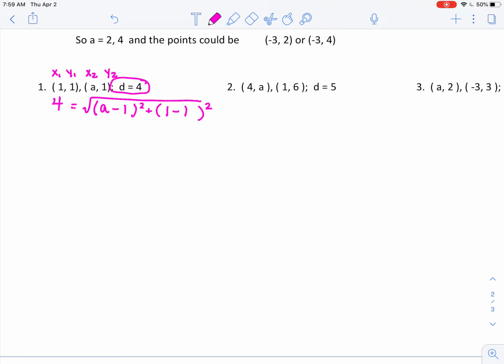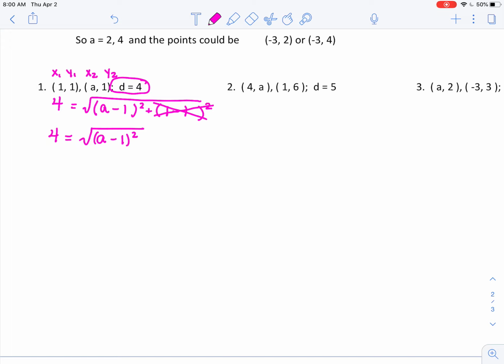So A minus 1, I can't combine together, but I can combine 1 minus 1, which is 0. So this becomes just 0. Now I have 4 equals the square root of (A minus 1) squared.